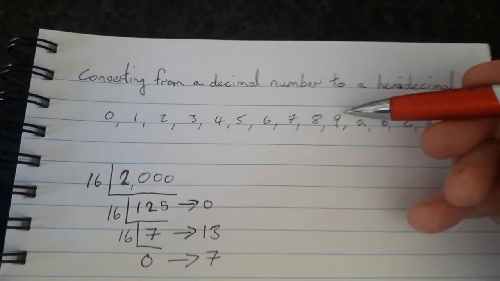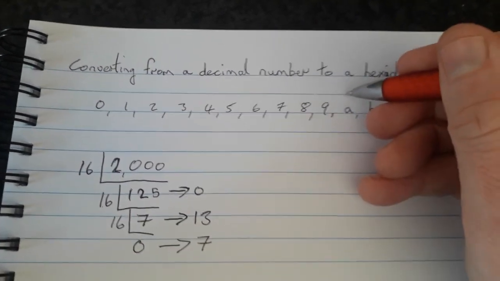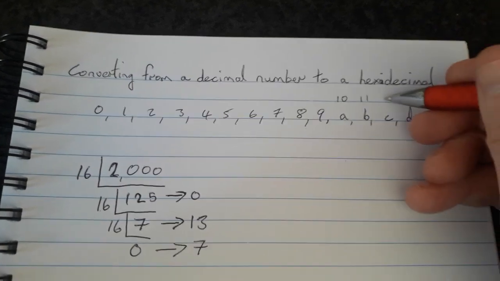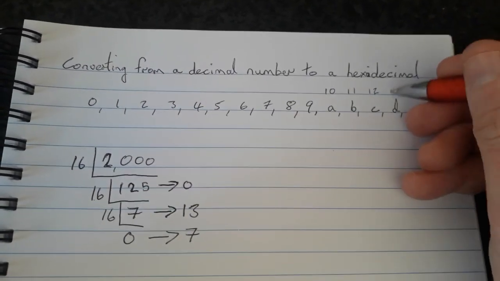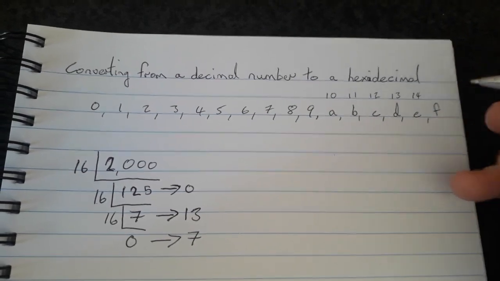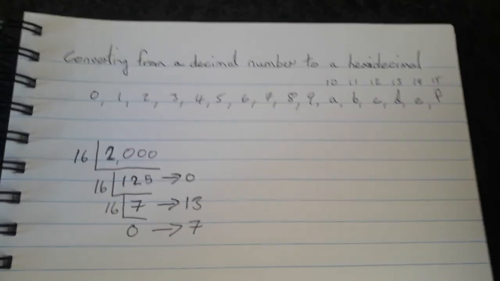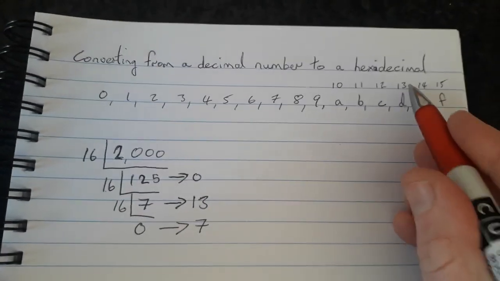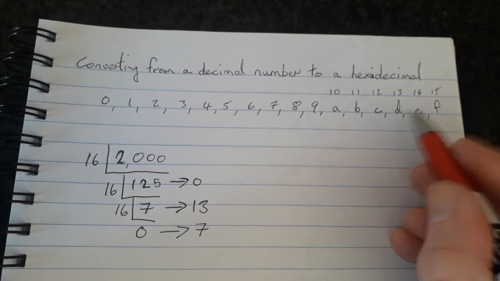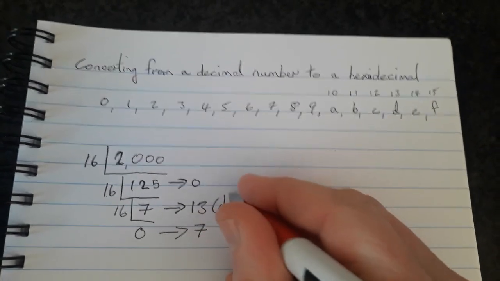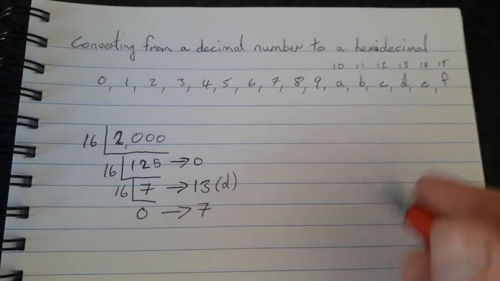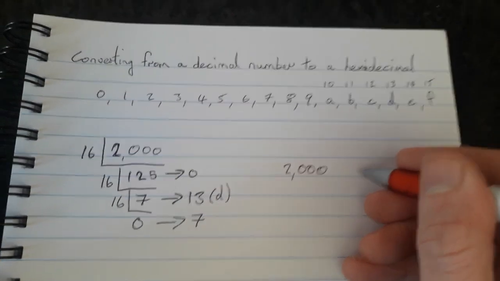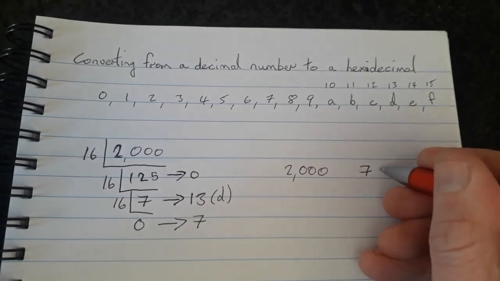But when we get up as far as 9, 10 is represented by A, 11 by B, 12 by C, 13 by D, 14 by E, and 15 by F. So even though this says 7, 13, 0, we know that 13 is represented by D, so it's really 7D0. So 2000 is the equivalent in hexadecimal of 7D0.